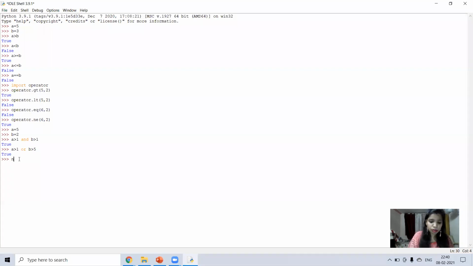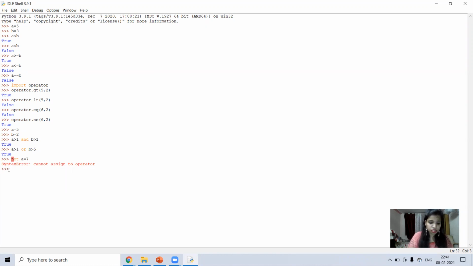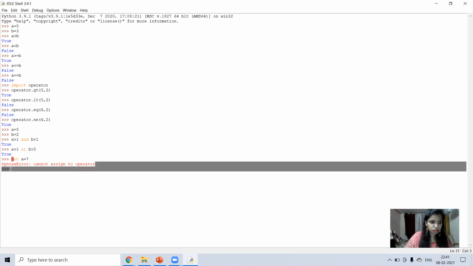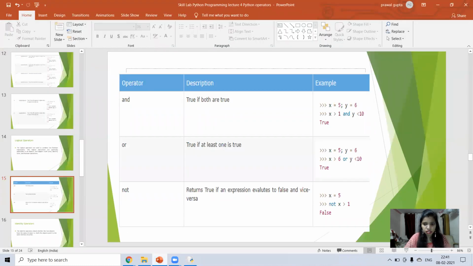Now I am writing not a equals to 7. Pause the video and think what should be the answer. It is showing an error because it takes space also. Wait a minute. Not a equals 5 is showing a syntax error.